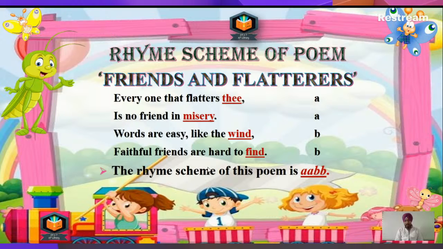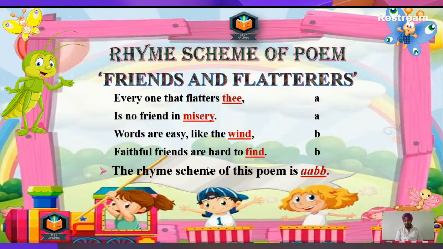In the first two lines we have written A because these are rhyming words. In the third line we have wine. This is different from the first two rhyming words, so we will write the next letter, B. In the next line we have find.